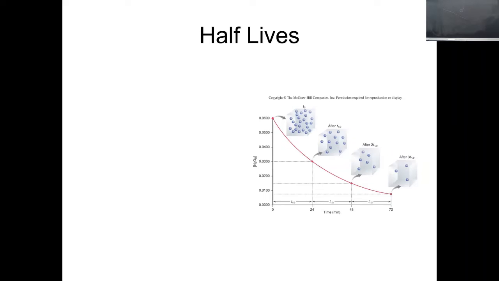So this is 0.015. Half of that is going to be 0.0075. So it's going to be less than 0.01, about 3/4 of the way up. So we're going to go all the way over here, and this is 72. Okay, so 72, that's another 24 minutes.